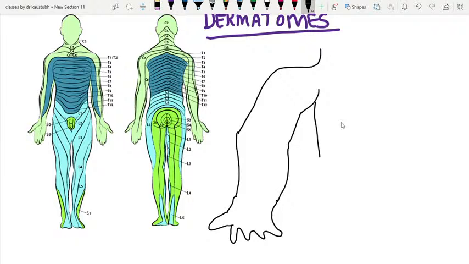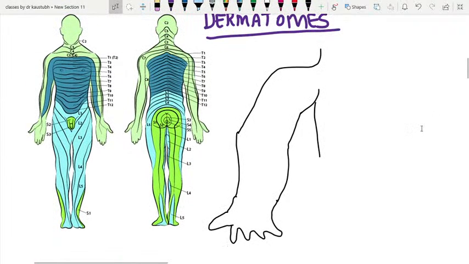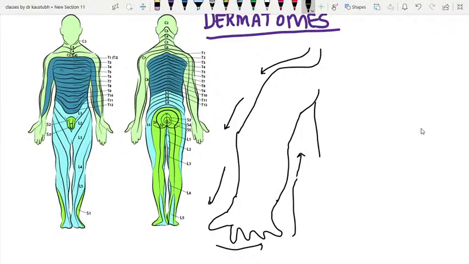I know the diagram is not pretty good, but yes, this can help you to understand many things. Okay, now the thing is very simple. Start from the center, go laterally, come down, and again come medially. What does this mean? This is the route by which your dermatomes are actually traveling.